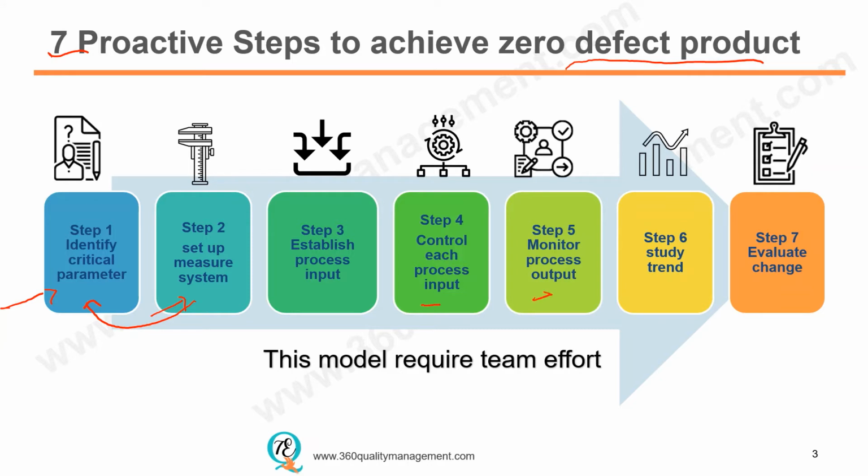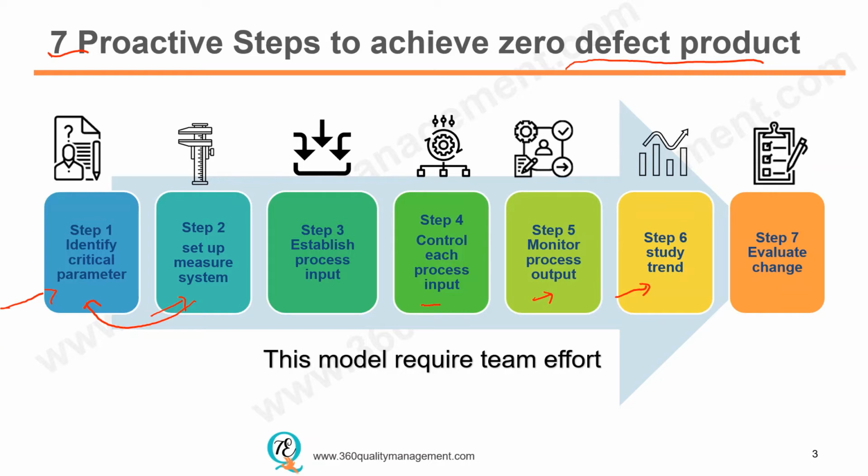And step 5 will follow by monitoring the process output to ensure that the process gives you the product that is wanted, and also study the trend from the data that is gathered from the process output.